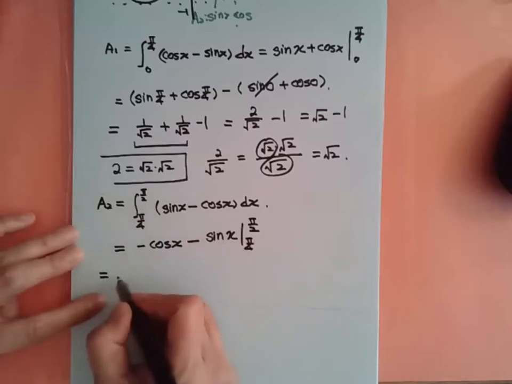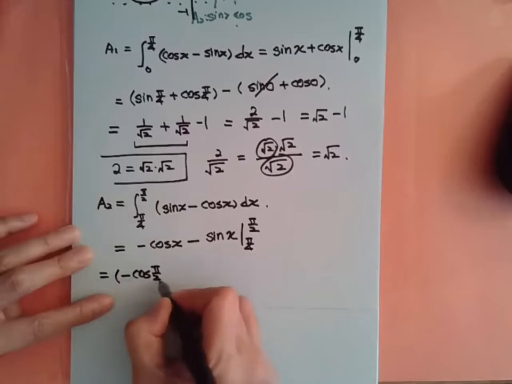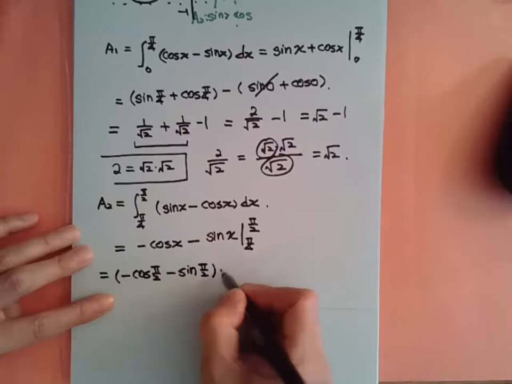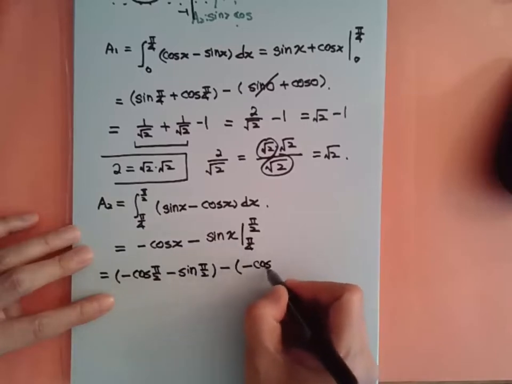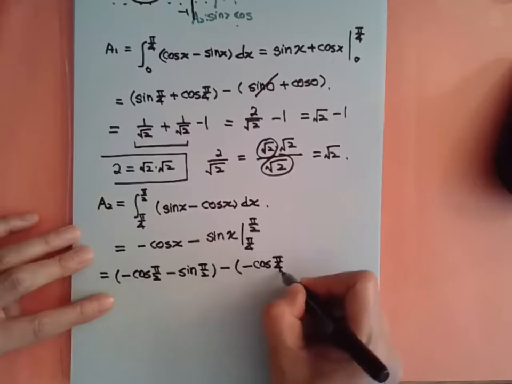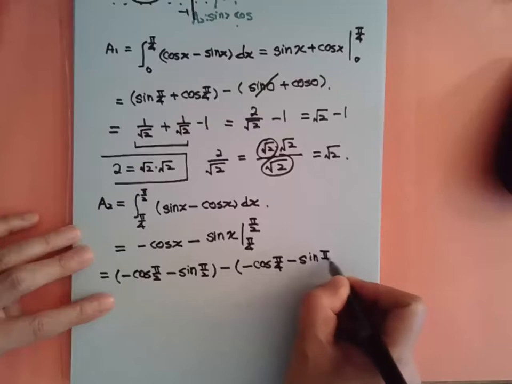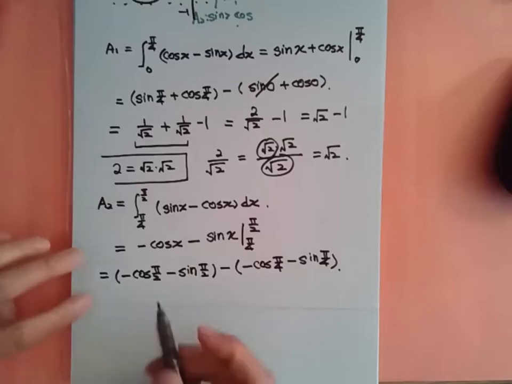So that is minus cosine of pi over 2 minus sine of pi over 2, minus, open parenthesis, minus cosine of pi over 4 minus sine of pi over 4. Let's evaluate.